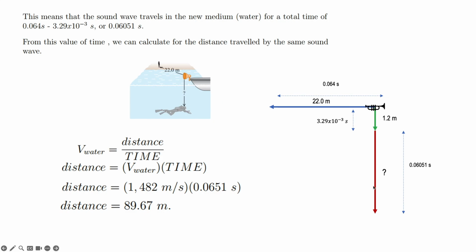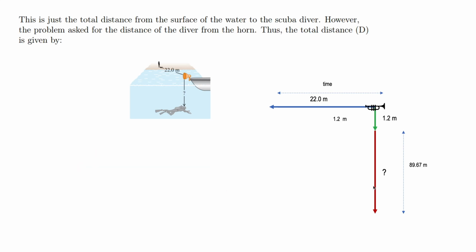Since the problem asks from the source up until the scuba diver, we have to take into consideration that the distance we should solve for is the total distance d given by this equation. The distance in the water to the scuba diver, and then you add the distance above the water. What I mean by above the water is from the horn up until the surface of the water.